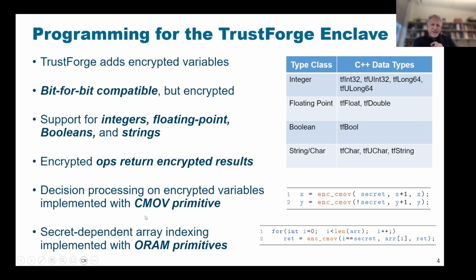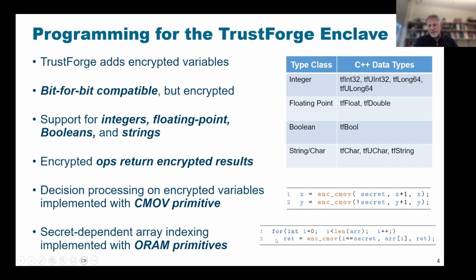The second thing you can't do with a TrustForge secret variable is create a pointer from it, because then you could look at the memory accessing from that pointer and you could infer information about that encrypted variable. So in order to do a secret-dependent memory access, you need to use what's called an oblivious RAM primitive, and I'll demonstrate that today in the demo.